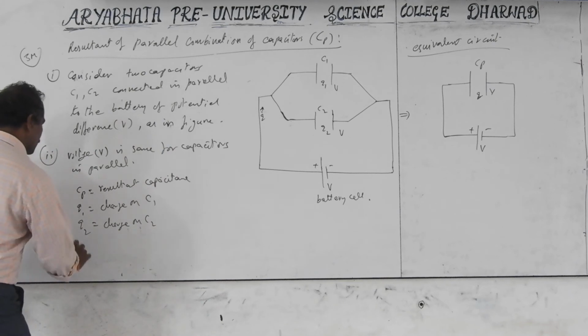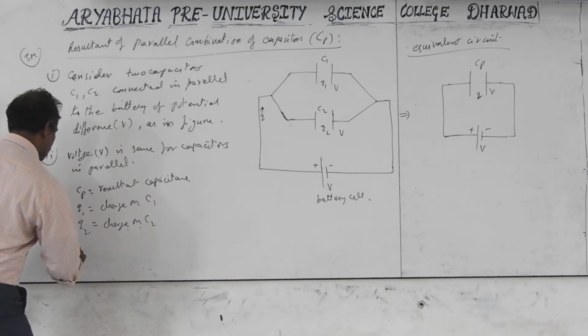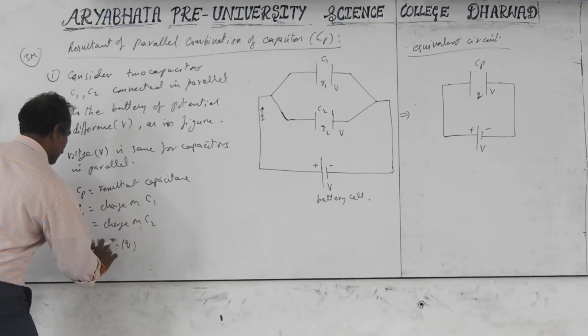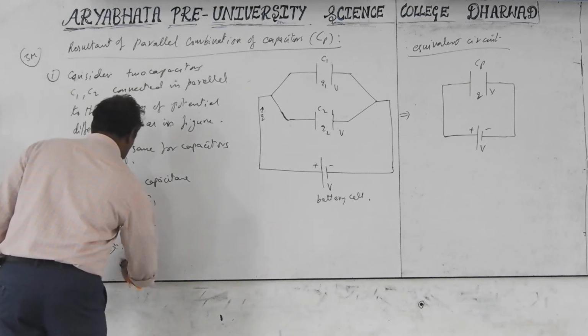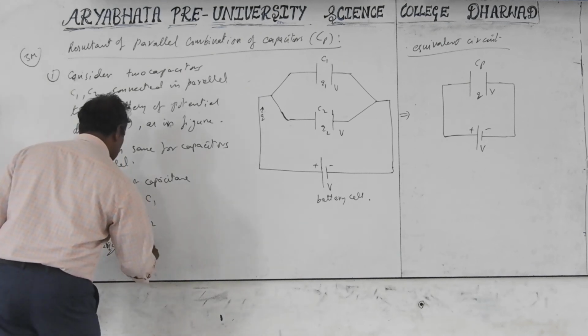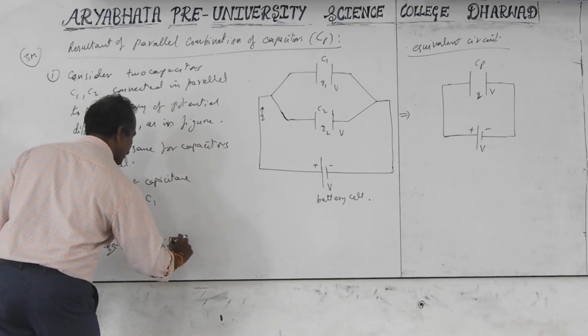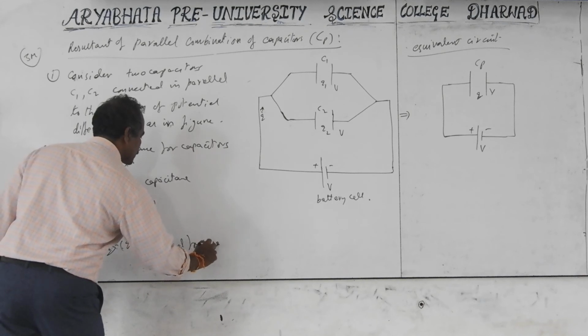Next is the total charge Q. Total charge Q is divided among the capacitors.